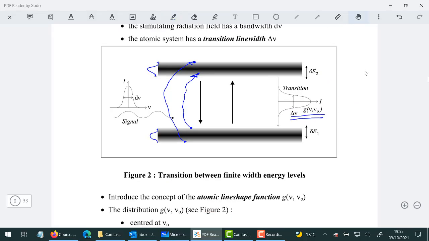Now, there is a range of values, a range of frequencies, the photon could have if it wanted to be absorbed, or if we're looking at stimulated emission, if it wants to generate. This is referred to as the transition line width.